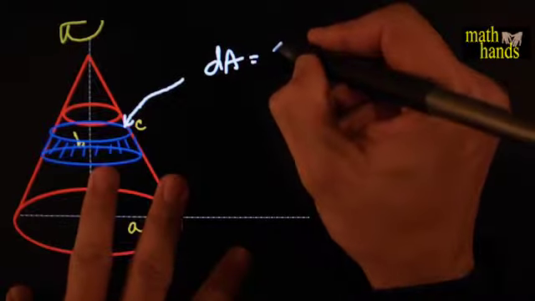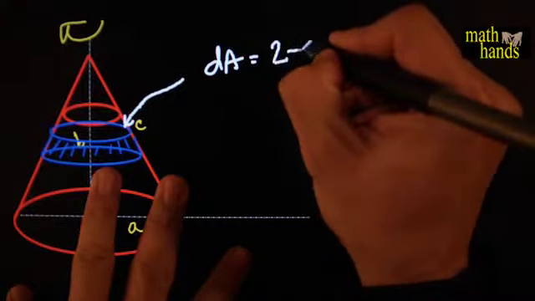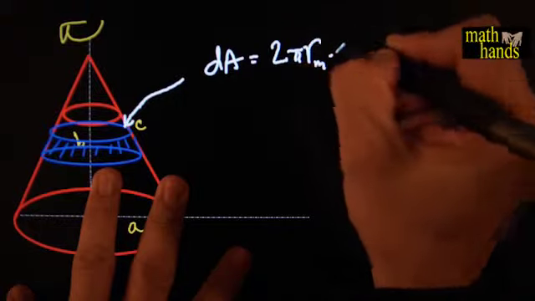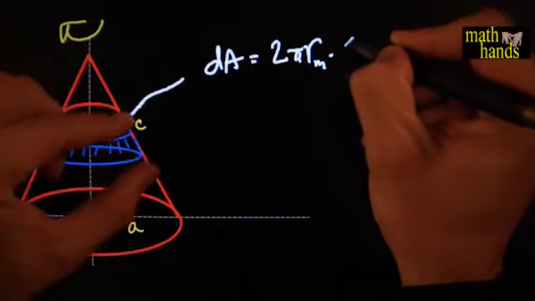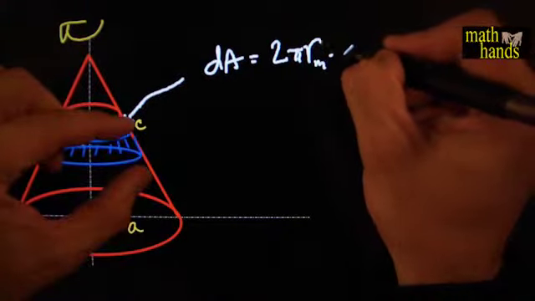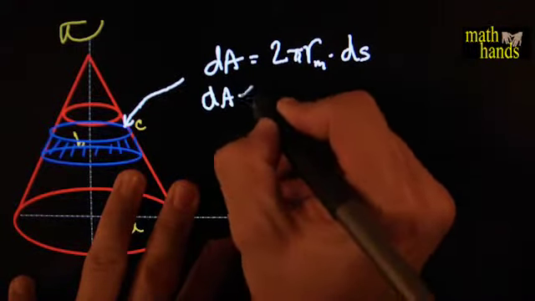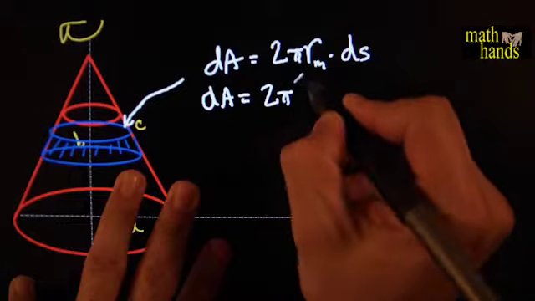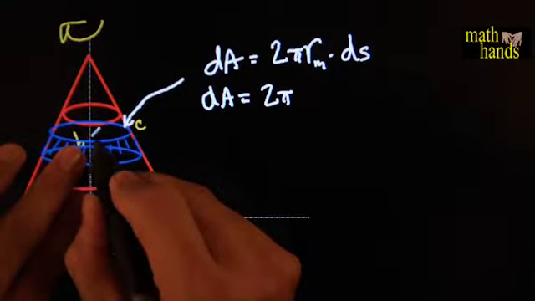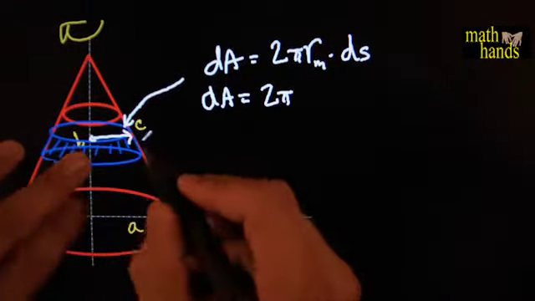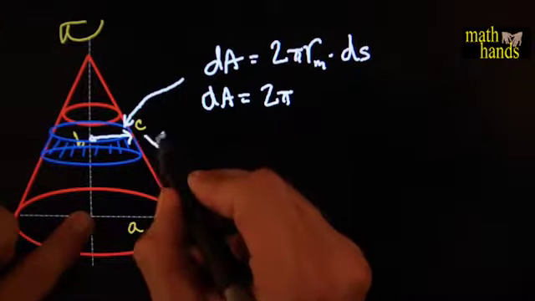So that little surface area would be, again, 2 pi r to the middle times the length. In this case, this is how long the frustrum is, so it's a little ds. That would make dA equal to 2 pi r. This is the distance r from here to here. It's just x. I'll call this x1.